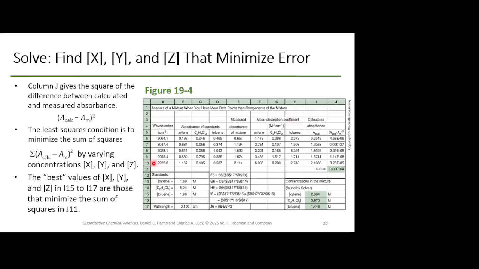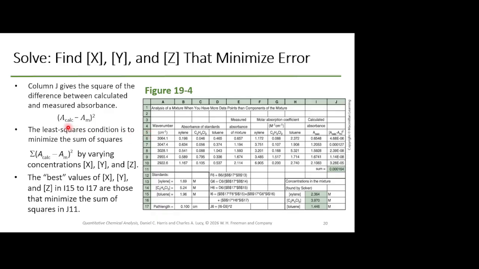Now, column J, right here, is the square of the difference between the calculated and measured absorbances. One of the reasons you always want to use squares is that it gets rid of your positives and negatives. Also, this is a least squares fit, which reduces the squared difference.